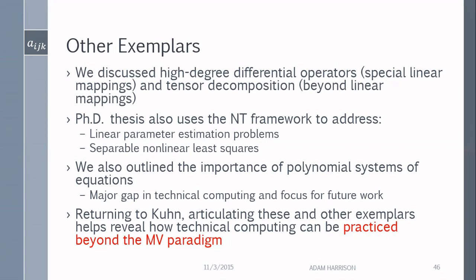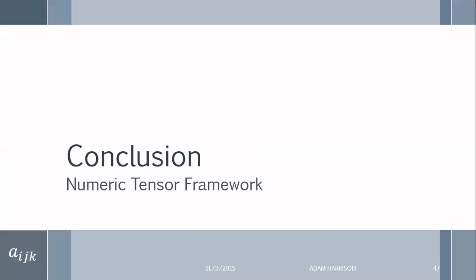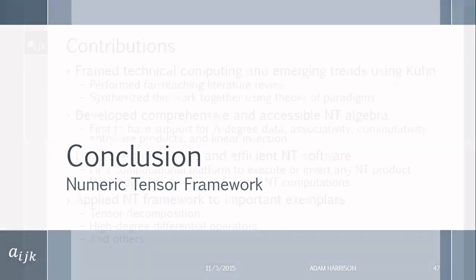This is a major gap in technical computing and a potential focus for future work. Returning to Thomas Kuhn, articulating these and other exemplars helps reveal how technical computing can be practiced beyond the matrix vector paradigm. So, conclusions of this work on the numeric tensor framework in particular.